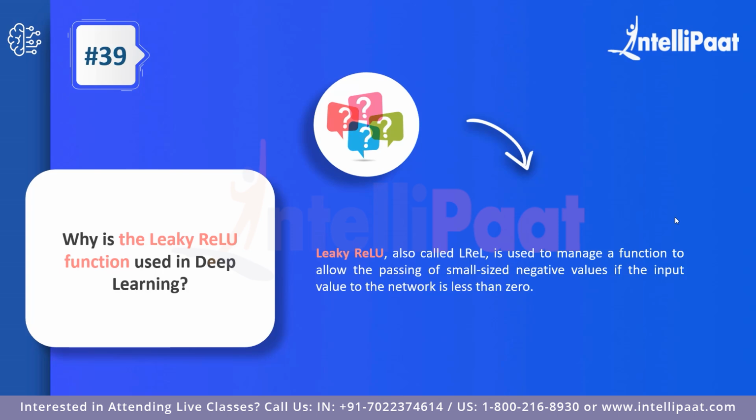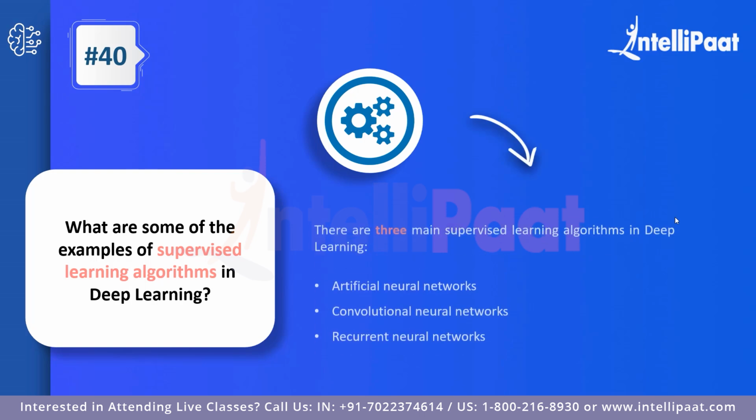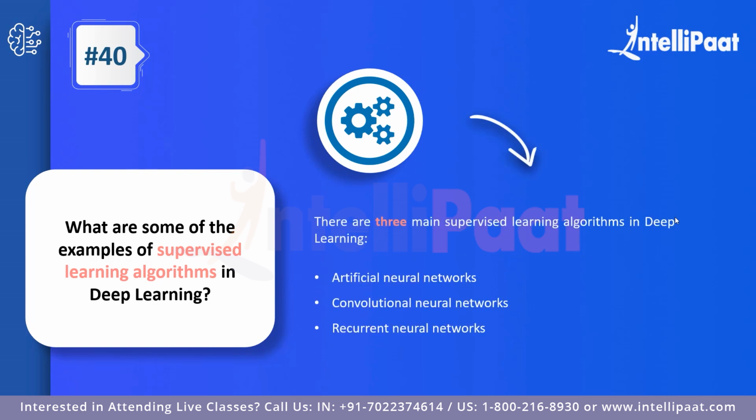So after understanding leaky ReLU, it becomes very vital that you check out some examples of supervised learning algorithms. This is a machine learning question, but we've seen it has been asked a lot in deep learning interviews as well. So what are some examples of supervised learning algorithms in deep learning is the question. You have to understand that there are 3 main supervised learning algorithms in deep learning.